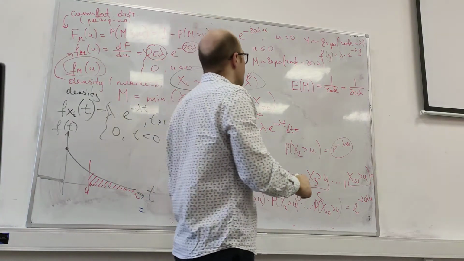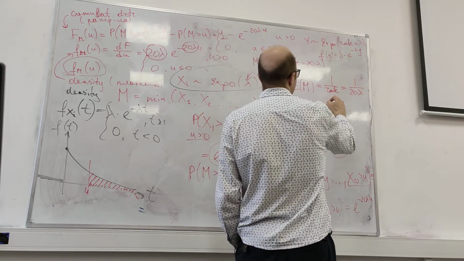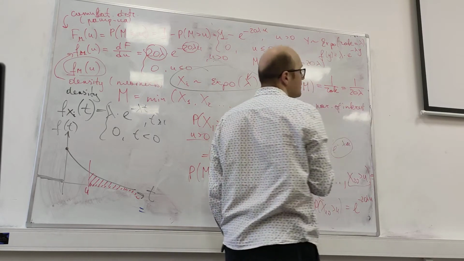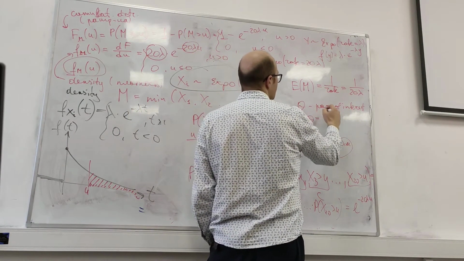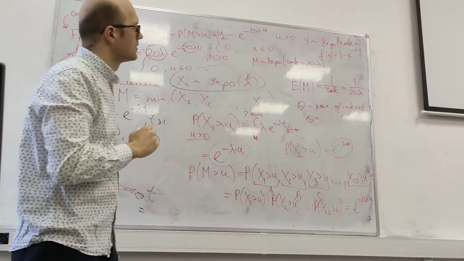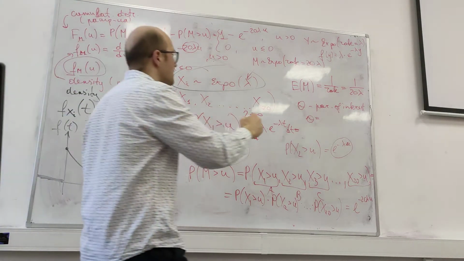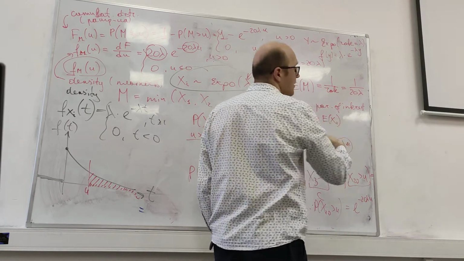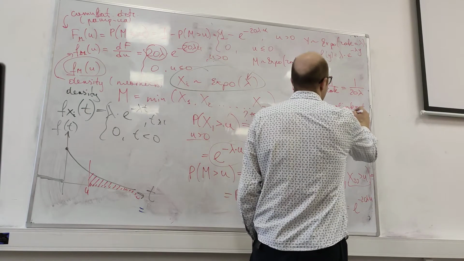And our parameter of interest, theta. If you remember, theta is equal to the expected value of x1, the expected value of the lifetime of any light bulb, and it's 1 over lambda.